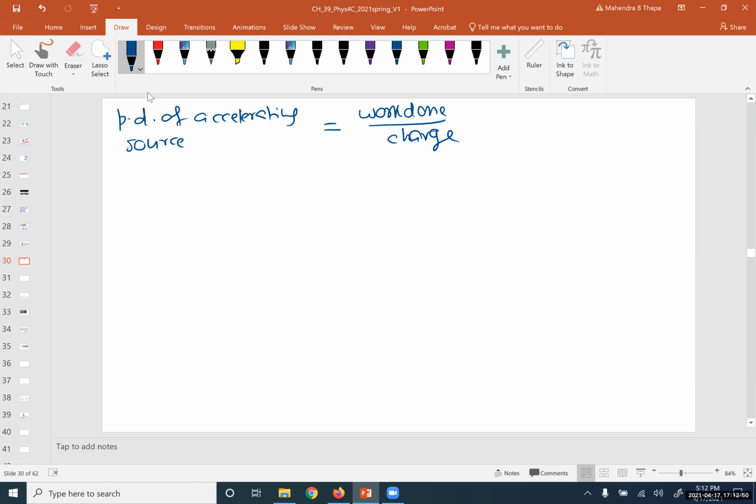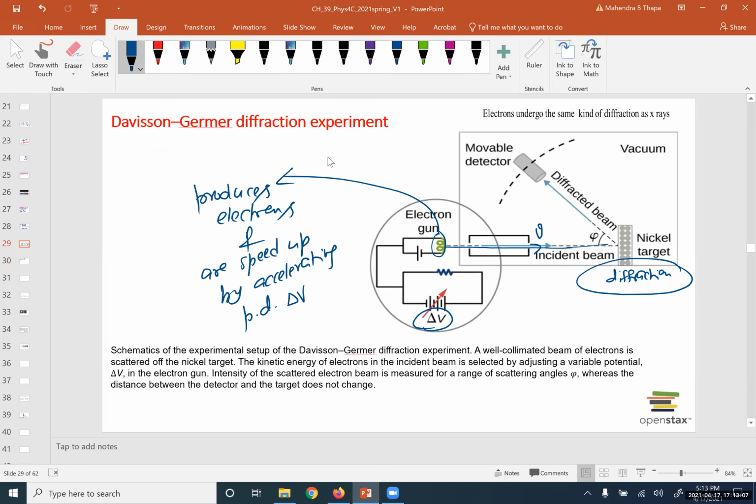So we can rearrange this as work done equals charge, in the case of the electron e, times the potential difference delta V. Because of this accelerating potential difference, the electron will speed up.